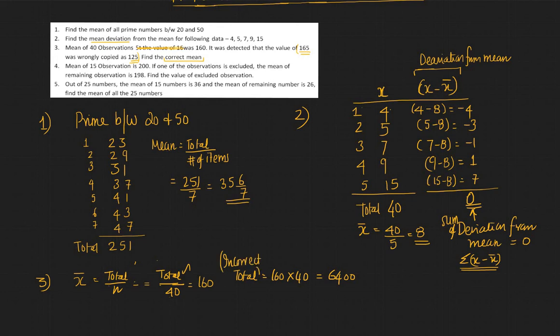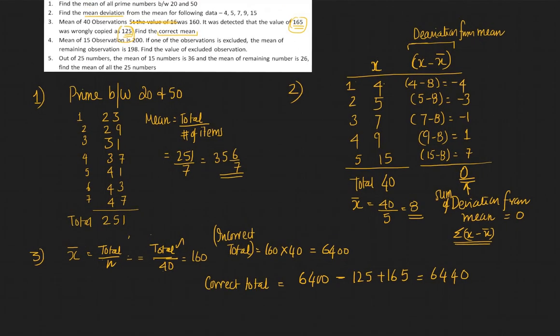This is my incorrect total. So the correct total would be: let's subtract the wrong value, and then add the correct value. So 6400 minus the incorrect value plus the correct value, and that would be 6440.